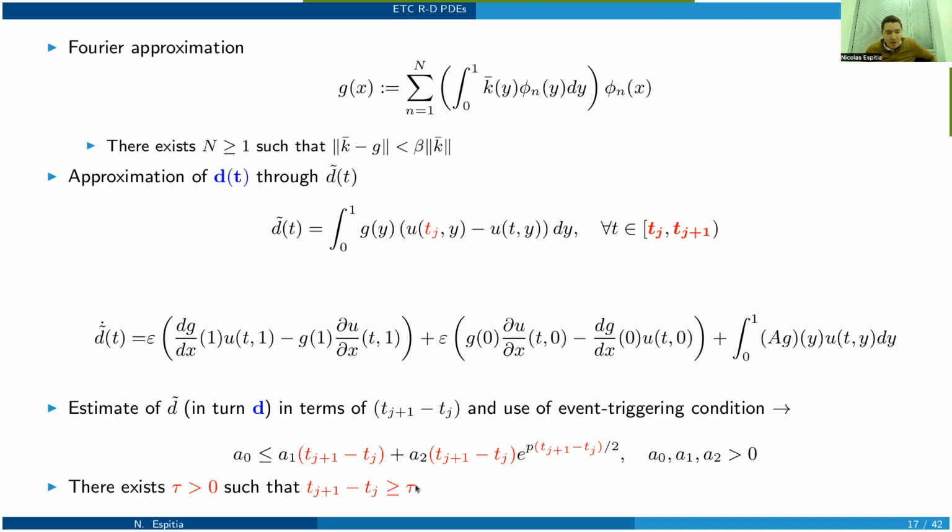This lower bound will depend on the parameters of the system, and also on the parameter of the triggering condition, and it doesn't depend on the initial conditions of the system. So we say that it is uniform.